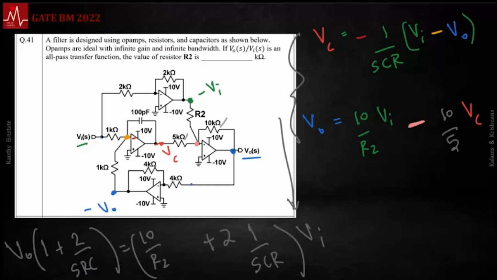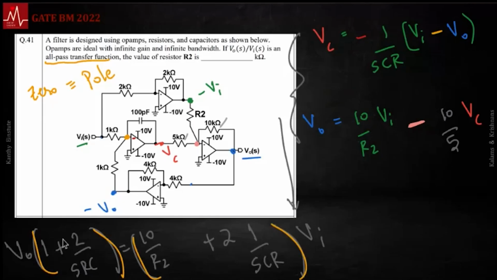So V naught by VI is this term by this term. At this stage, we can answer: this is an all pass transfer function. The location of poles and zero: this is a first order system, first order pole, first order zero. This has a root, this has a root. One of them will be in the numerator, one in the denominator. The location of zero equals the location of pole, so the roots of these two terms inside the bracket have to be the same.